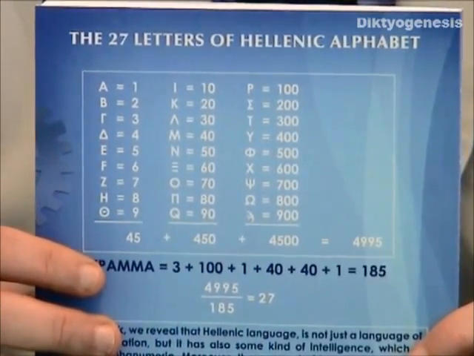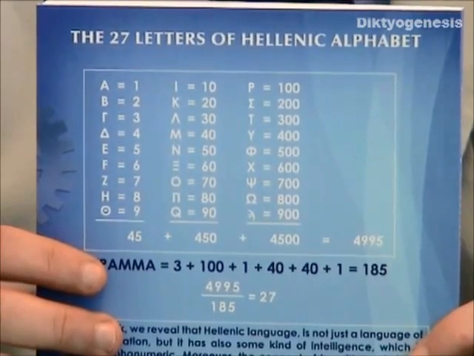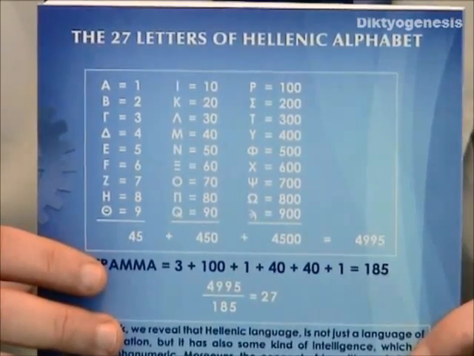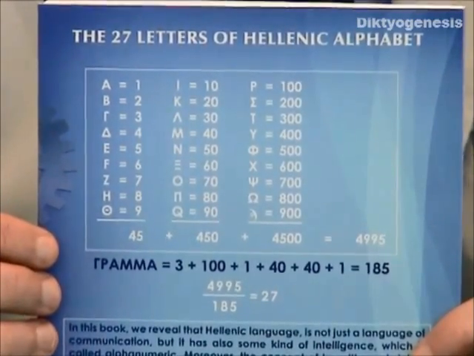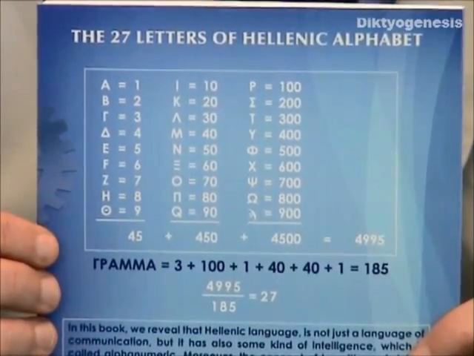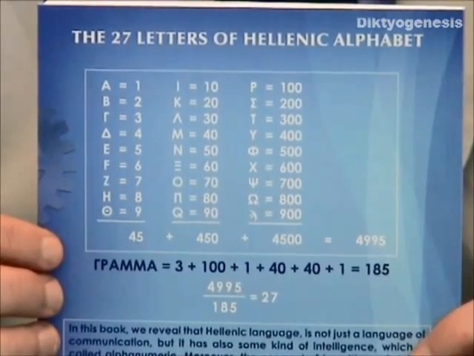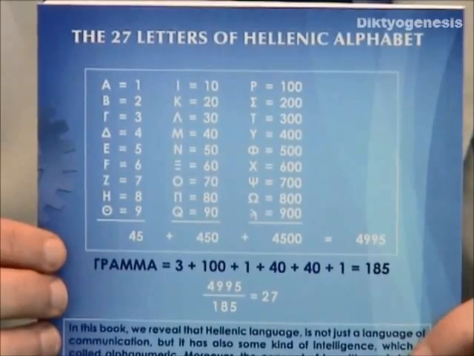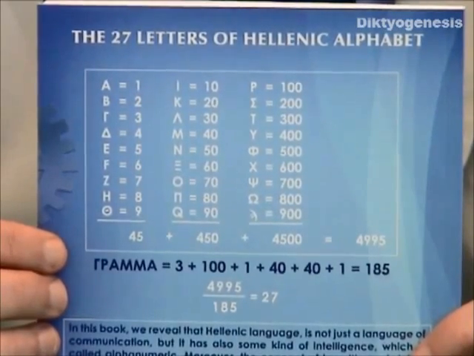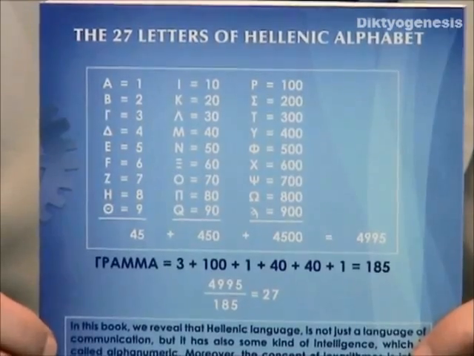The middle line corresponds to the numbers from 10 to 90. For example, iota equals 10, kappa 20, lambda 30, mu 40, nu 50, xi 60, omicron 70, pi 80, and koppa, the well-known q, equals 90.